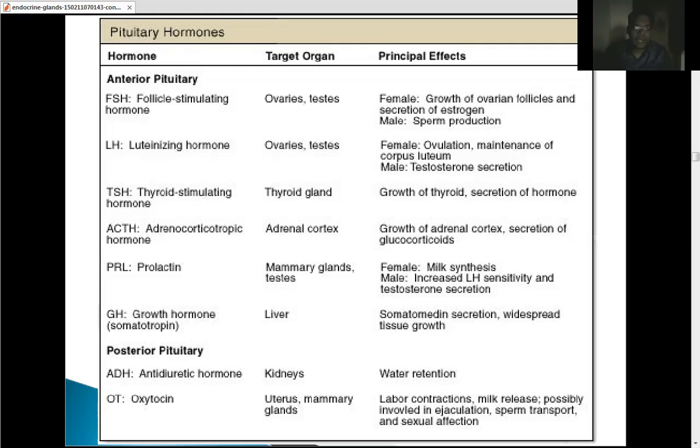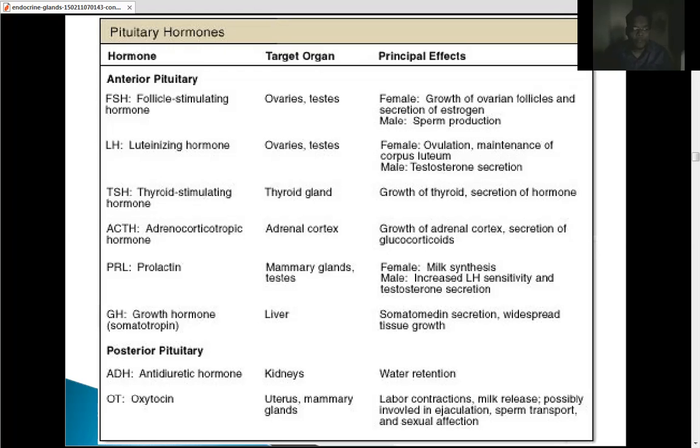PRL, prolactin, acts on the mammary glands, where it synthesizes milk, and in males on the testes, where it increases LH sensitivity and testosterone secretion. Then growth hormone, also called somatotropin. It acts on the liver, causing somatomedin secretion and widespread tissue growth. Our body grows because of growth hormone activity.